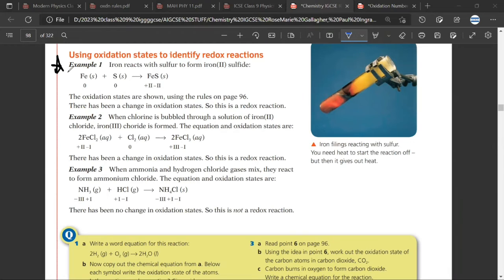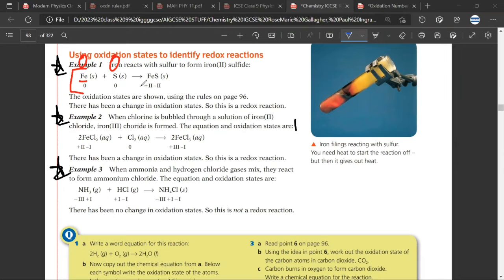Just do me a small favor, just copy these examples. Yes. So let us try to understand these with the help of the oxidation states. Here iron is not combined with anybody, sulfur is not combined with anybody, so the oxidation state would be 0, 0. Any doubt, Chris? No, sir.